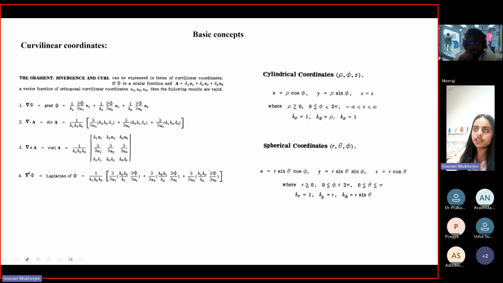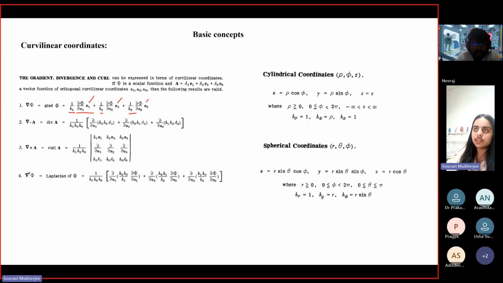This is just the pen. So for rectangular coordinates, your h1, h2, and h3, all of them are 1, right? Scaling is 1. And e1, e2, e3 are x cap, y cap, and z cap. That's your rectangular coordinate system.